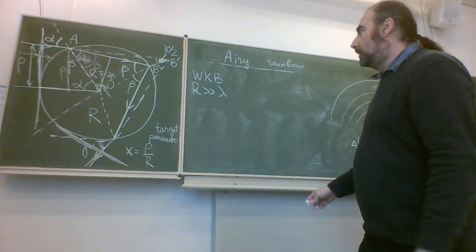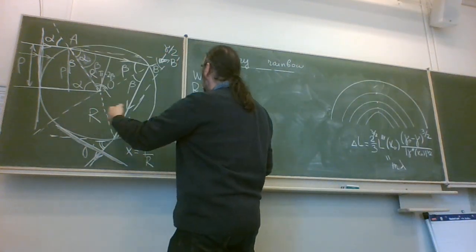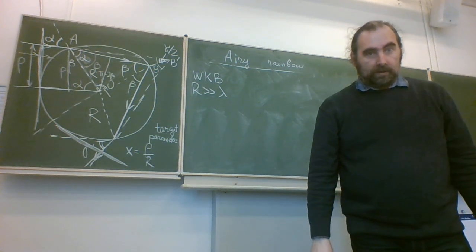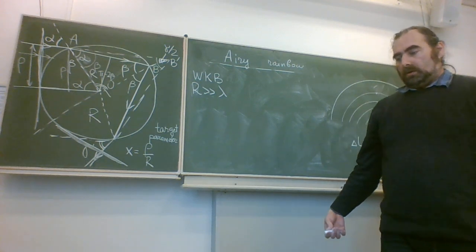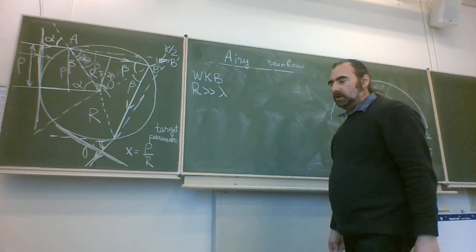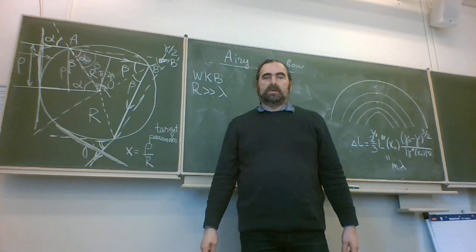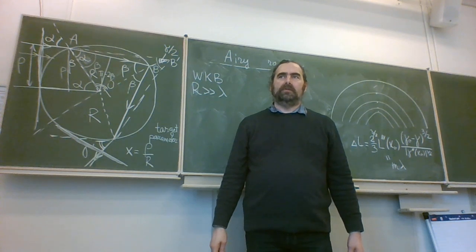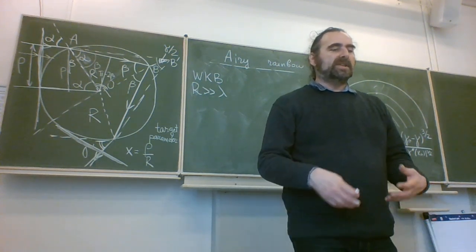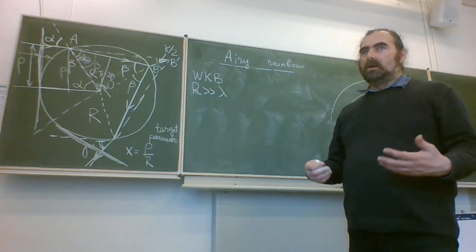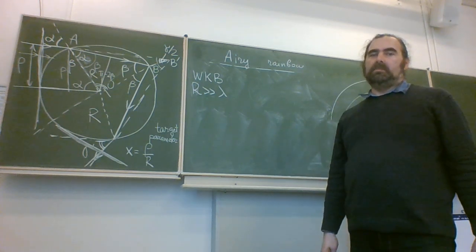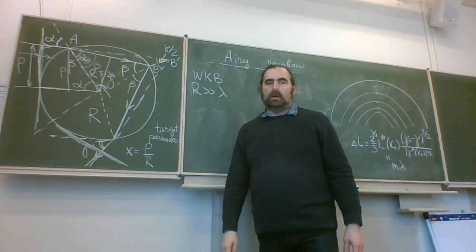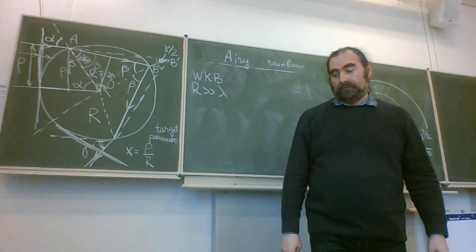We will assume that the size of this droplet R is much bigger than the wavelength, which for visible light is a perfectly reasonable assumption, because the wavelength of red light is 535 nanometers, and droplets are macroscopic, so they are maybe millimeter or sub-millimeter size. So this approximation definitely works for the real rainbow picture.